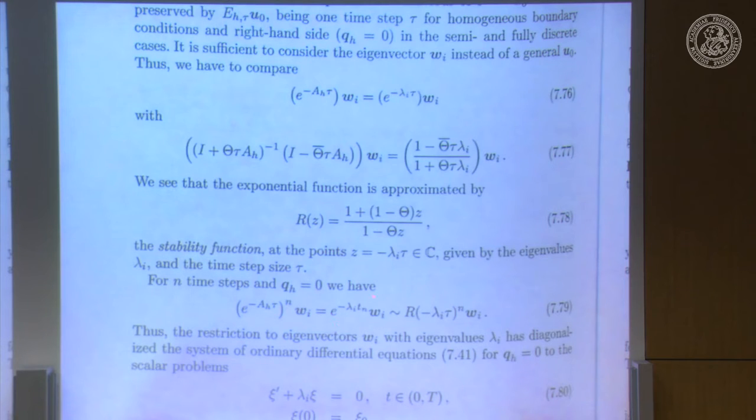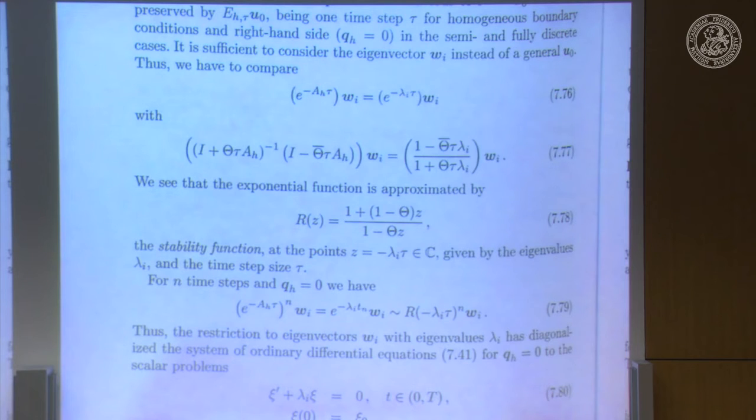We have the damping of the influence of the eigenvector with the corresponding eigenvalues. Now we have something different, maybe also a damping or not, but now it's not done by the E part, but it's done by this rational function at minus lambda I tau to the n. So we have to analyze what happens with this.